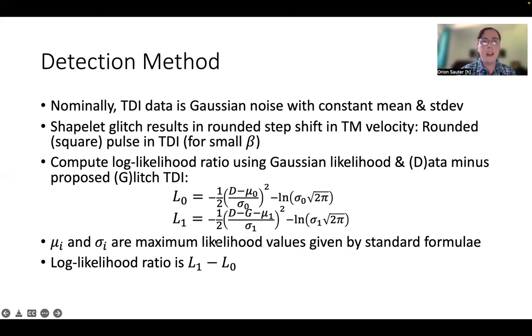The alternative hypothesis is the data minus the glitch. For the likelihood ratio, we do the log likelihood ratio, L1 minus L0. In theory, any positive values mean that the glitch is more favored than no glitch.